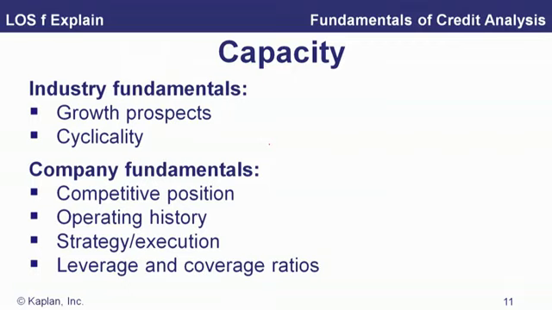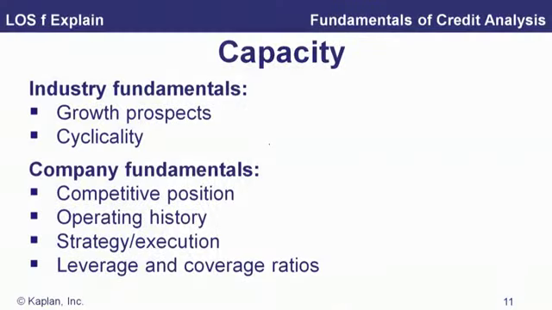Company fundamentals, competitive position, a little back to Porter's 5 forces here, their operating history, certainly want steadier growing earnings are what you really want to see. Deviations from that, less so. How have they done with their strategy, and if they had the right strategy, did they execute it well? And of course, their current ratios, their leverage ratios and their coverage ratios.